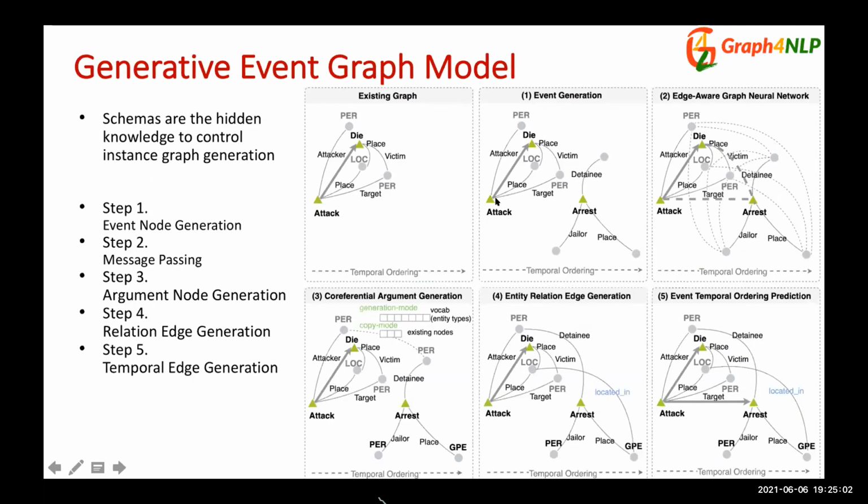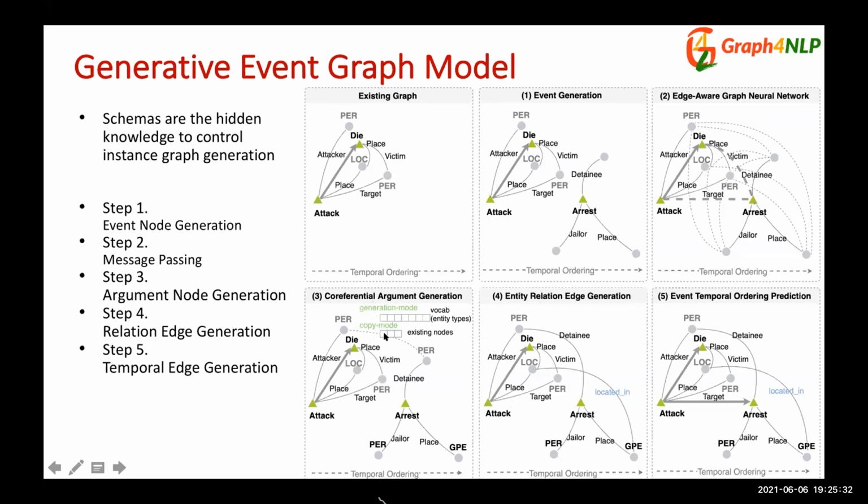So how do we do the prediction? We can use the graph generation model that Yu and Linfei have already described. So we basically start from a small part of the graph. For example, we already know there's attack followed by die, and then we can predict the next event should be arrest, just because this type of event happens very frequently in the historical data. And then we can predict what's the edge connecting these two events.